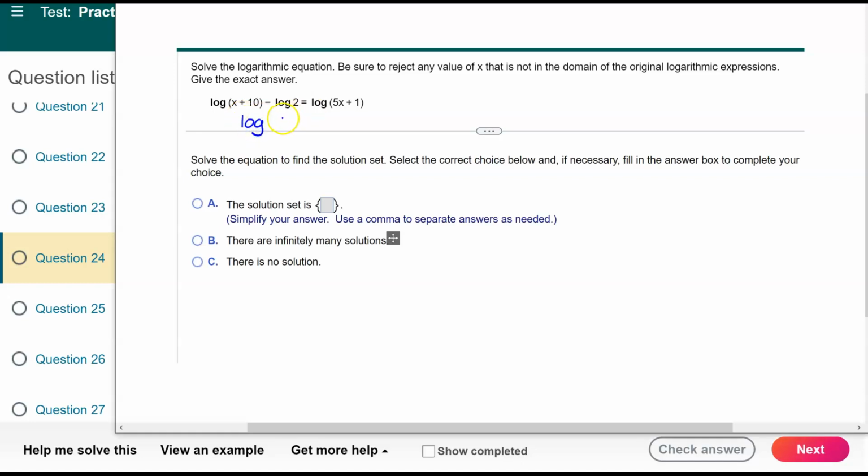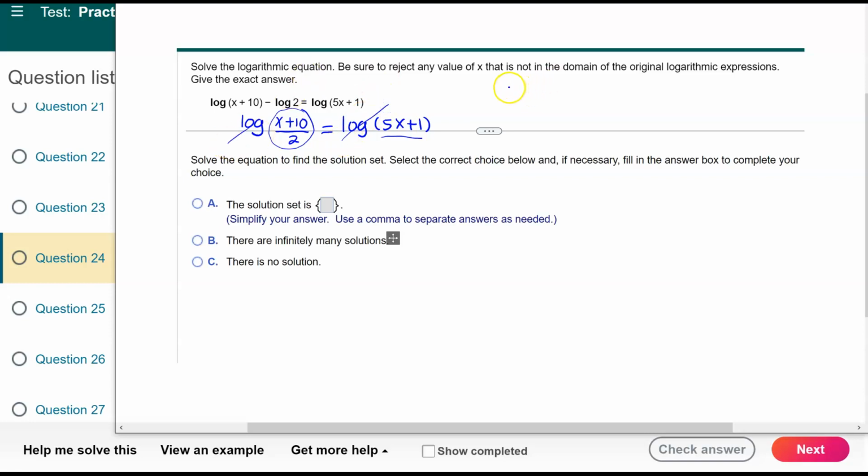So that's log of x plus 10 over 2 is equal to log of 5x plus 1. Now, since both sides of the equation are in terms of log and log has a one-to-one property, then you can just equate the expressions here, the arguments here. So equate this expression to this expression, or like cancel that logarithm.